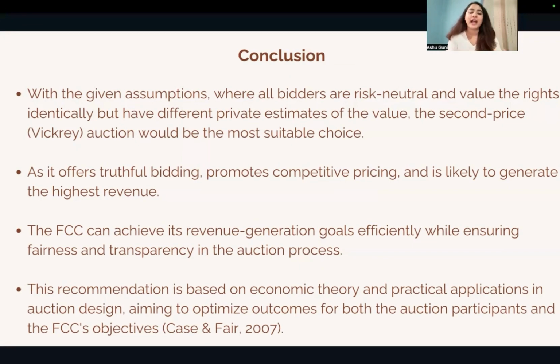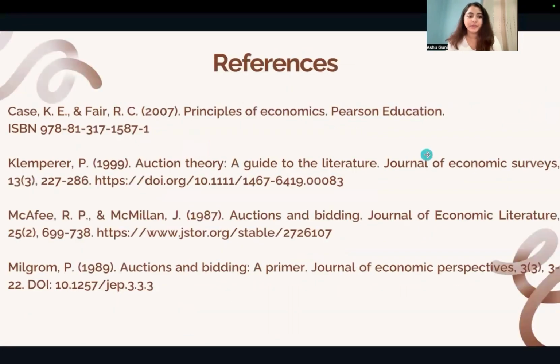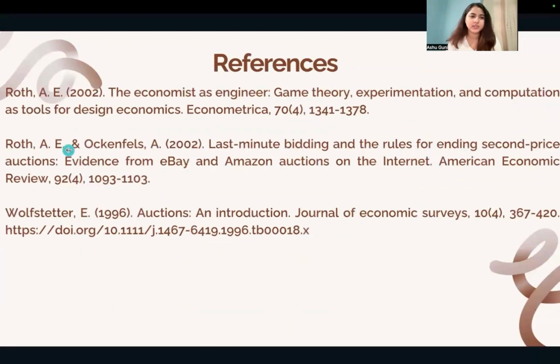Also, I have recommended this auction by going through a study which I have mentioned in the reference part, which is the study by Roth and Ockenfels, the last minute bidding and the rules for ending second price auctions, which is the evidence from eBay and Amazon auctions on the internet.